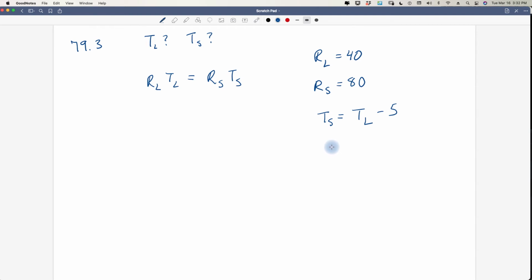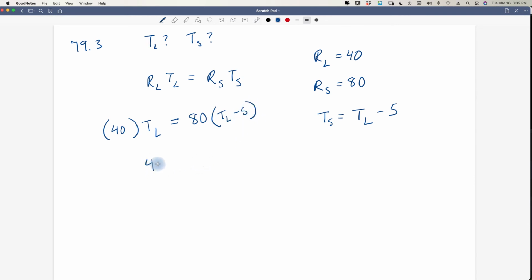So now we see how we need to substitute. Let's put in our buckets. We have R sub L is 40 times T sub L. And then we have R sub S, which is 80, and T sub S equals T sub L minus 5. So we can put in T sub L minus 5.